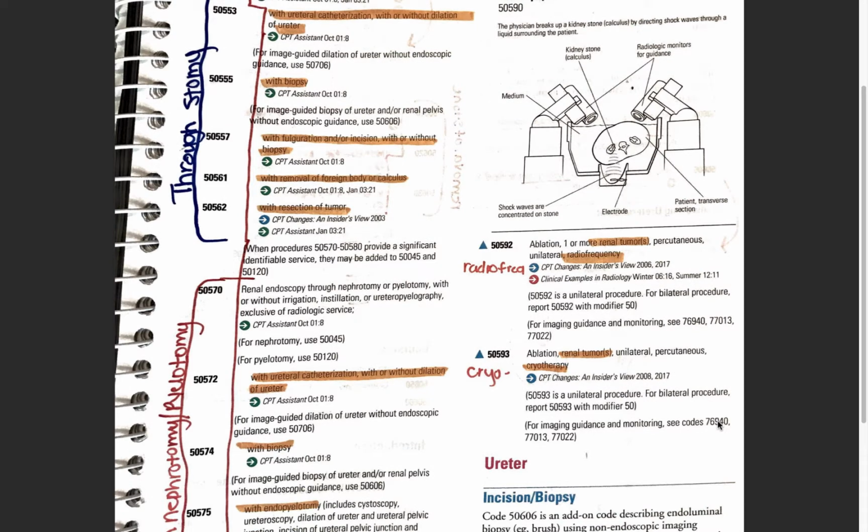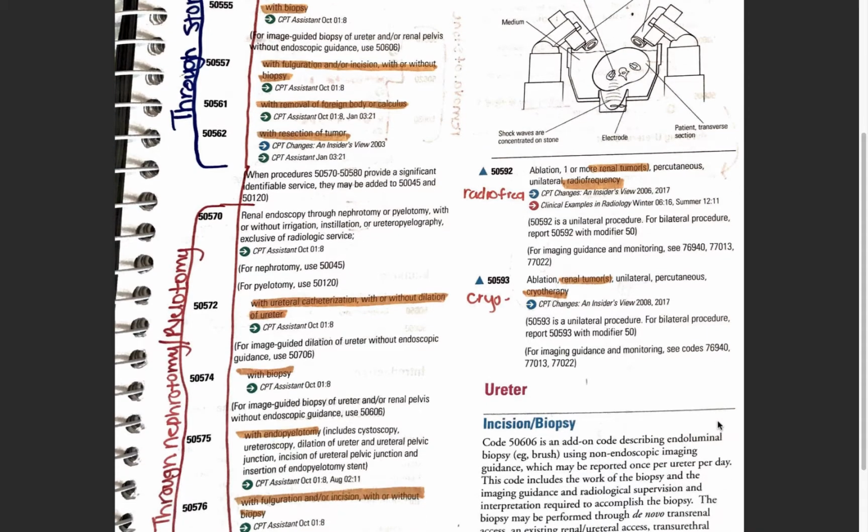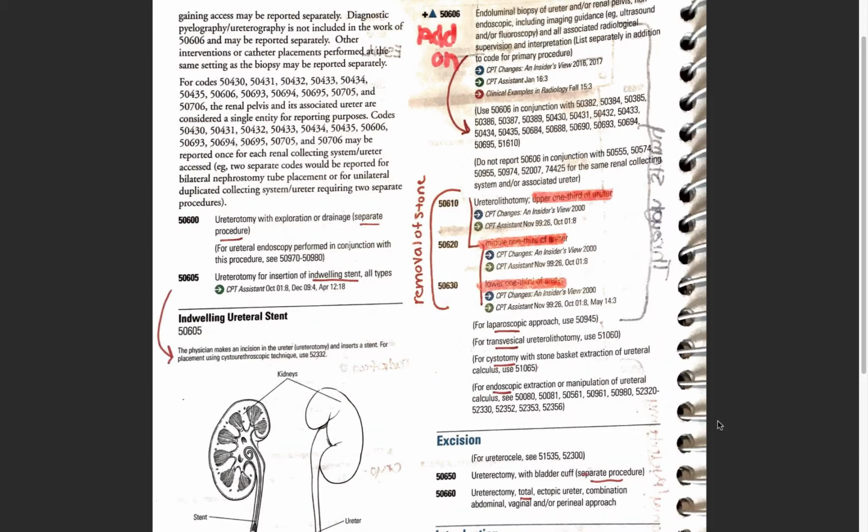If these tumors are ablated with radiofrequency, then you would want to code 50592. If tumors were ablated with cryotherapy, percutaneously, you would want to code 50593. Remember that an indwelling stent is a permanent stent, so don't get that confused with a non-indwelling stent.